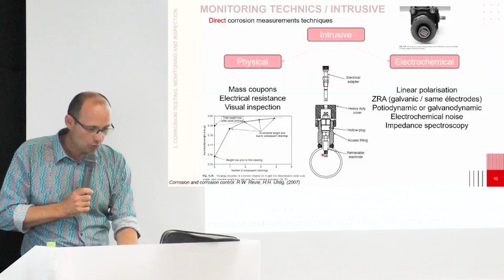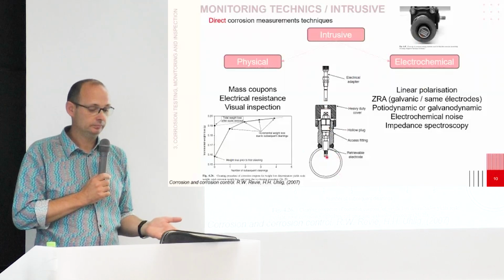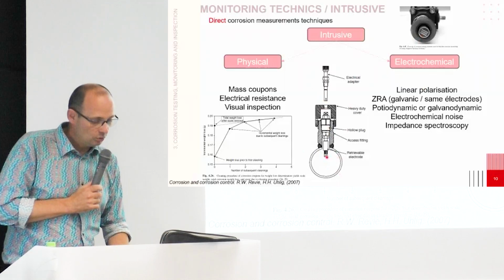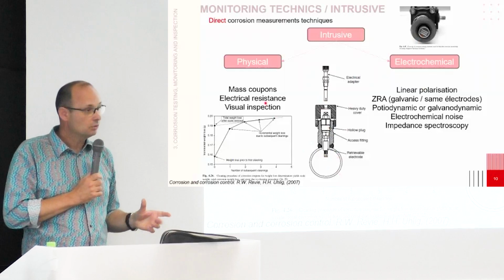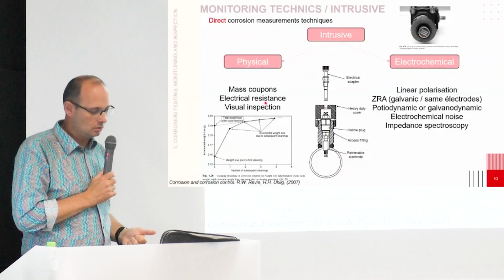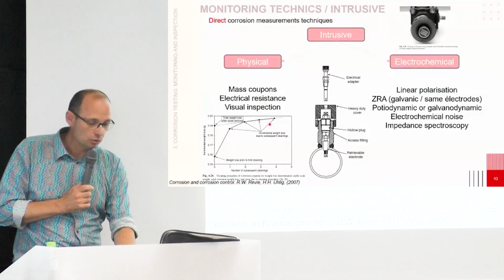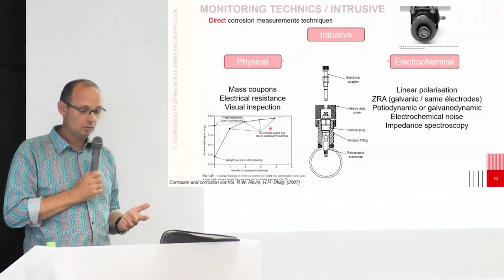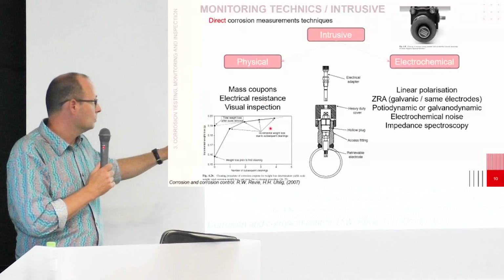And you have a pipe, you will create a hole and you will insert the electrode inside the pipe. So you are intrusive. From that, you will have two ways to characterize the corrosion rate. The first one is physical. You will weigh the electrodes before and after. You will measure the electrical resistance of the coupon, and you can also make some visual inspection.